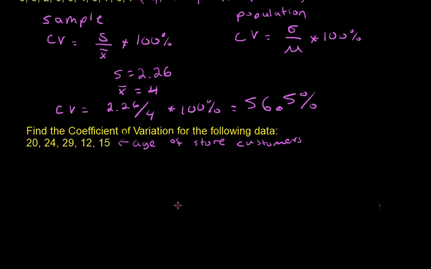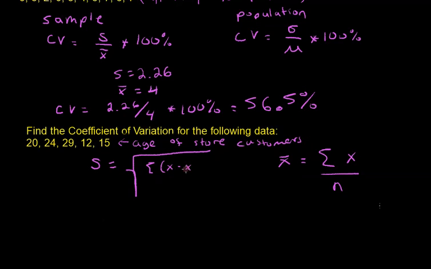Now let's calculate the coefficient of variation for this new data set. To do that, I'm going to need to calculate S and X bar first. X bar, the sample mean, is the sum of the data divided by n, and the standard deviation is the square root of the sum of the squared differences from the mean divided by n minus 1.